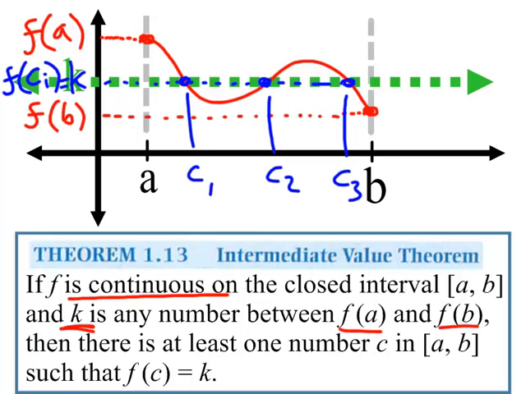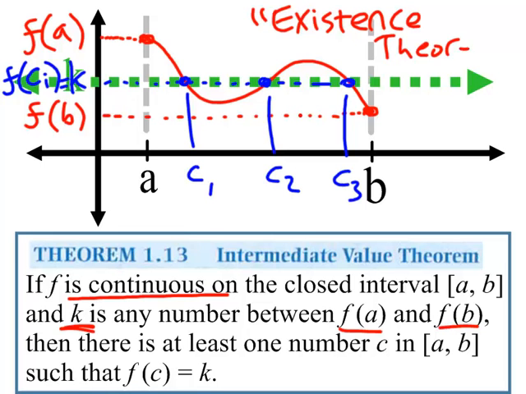All right, notice that the intermediate value theorem is our first example of something that's called an existence theorem. And what that means is that it simply guarantees that something exists. So the intermediate value theorem, the IVT, guaranteed that this number c, at least one number c, would exist on this interval that satisfies these conditions.